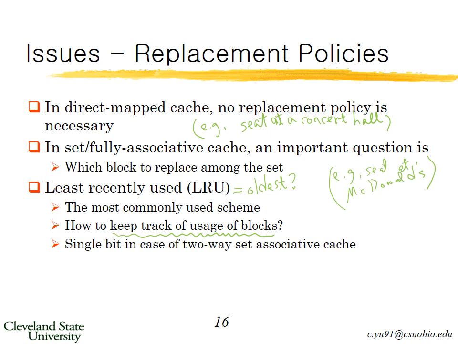If it is full, maybe the store owner is going to ask a person who has been sitting there for hours to leave, in order to accommodate the new customer, which is rude, but this is more like what is considered the least recently used, or LRU, policy. Someone who has been sitting there for the longest time, you just ask them to leave in order to accommodate the new one. That's going to be the fully associative cache or set associative cache.